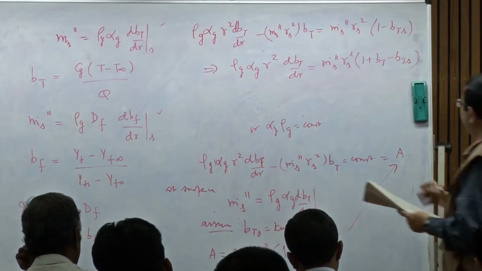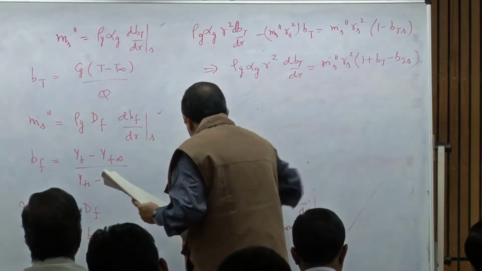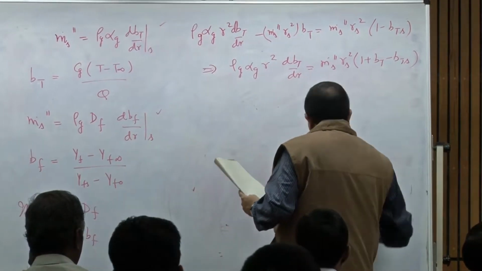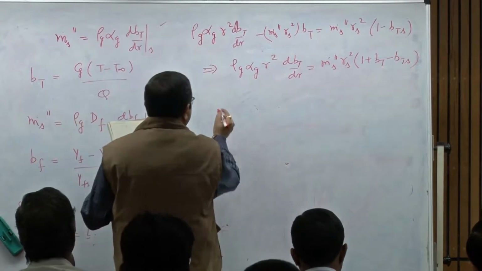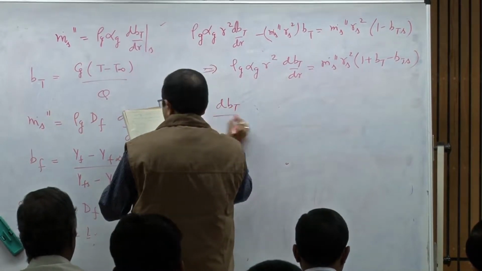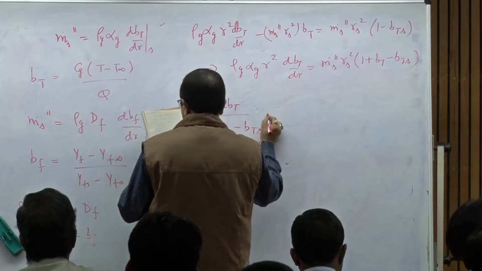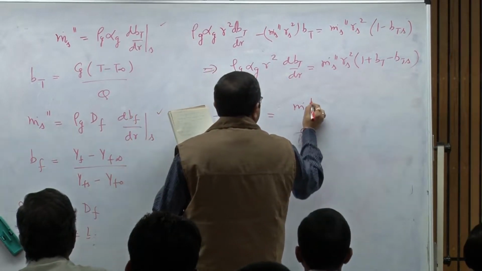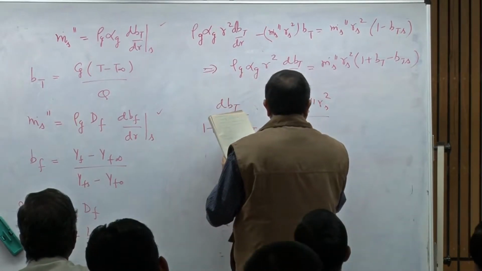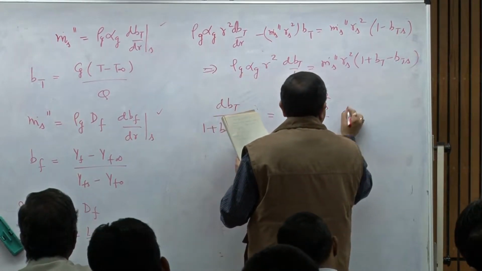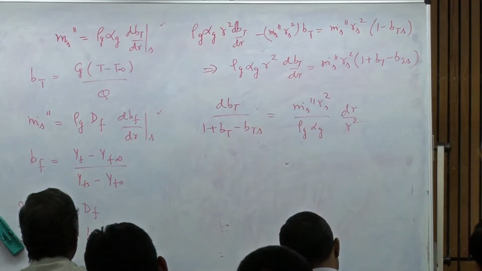Now, we can separate the variables B t and r. So, separating the variables, we will get, okay. So, I just separated the variables.